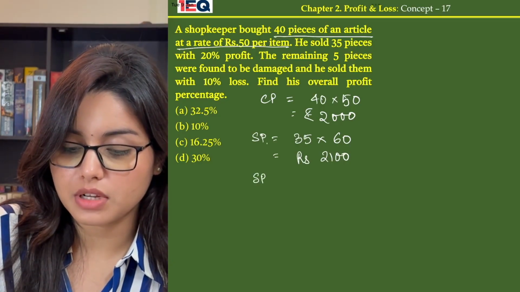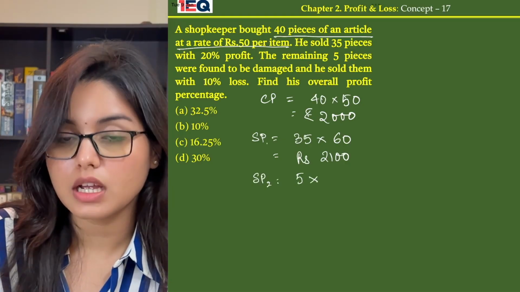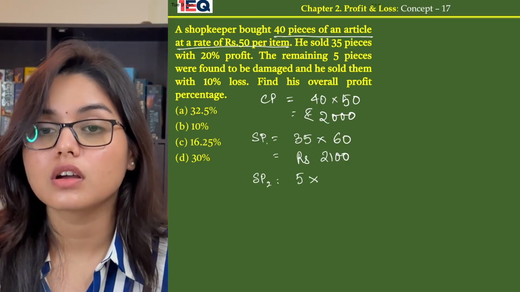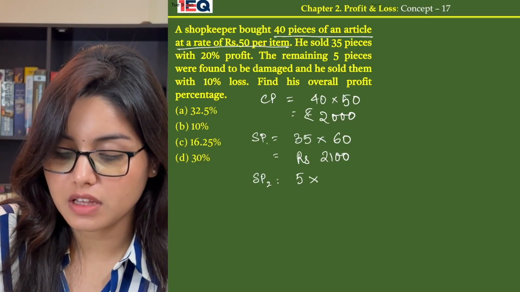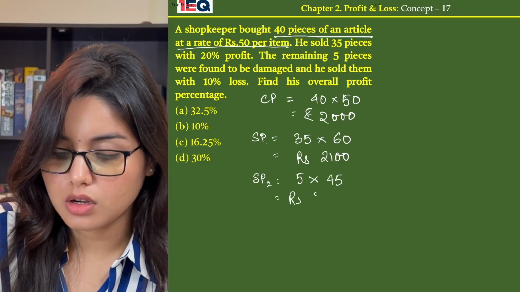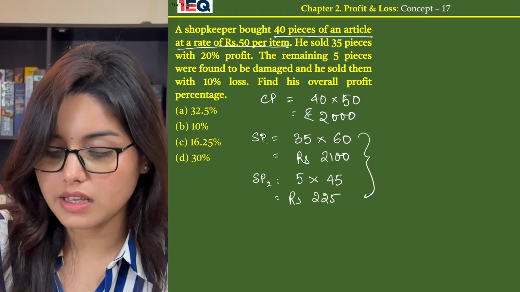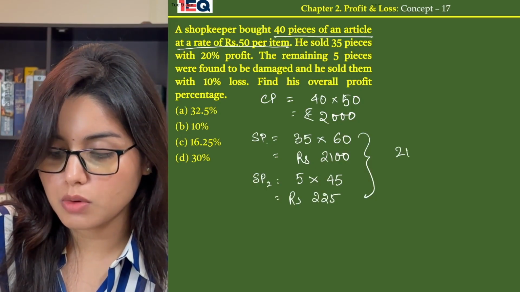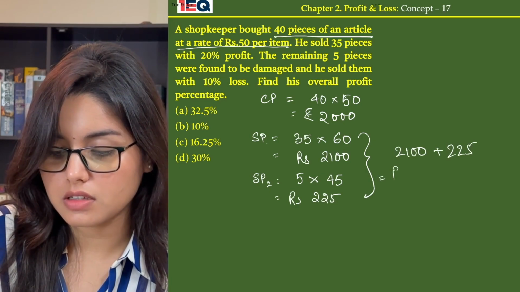So his selling price for the rest 5 pieces will be 5 into, 10% loss on 50 rupees means 5 rupees. So 50 minus 5, that is 45 rupees, which is rupees 225.